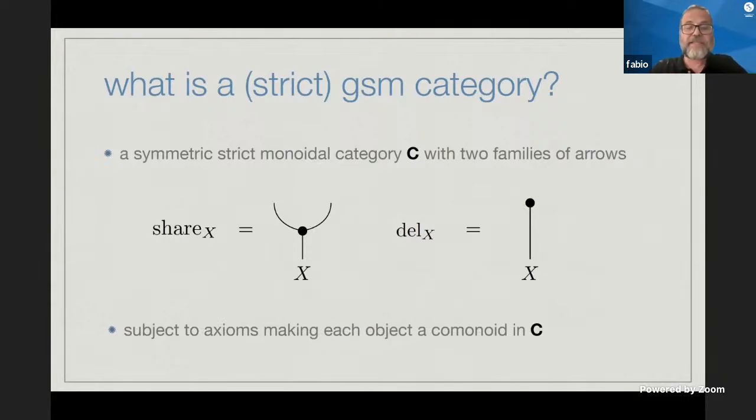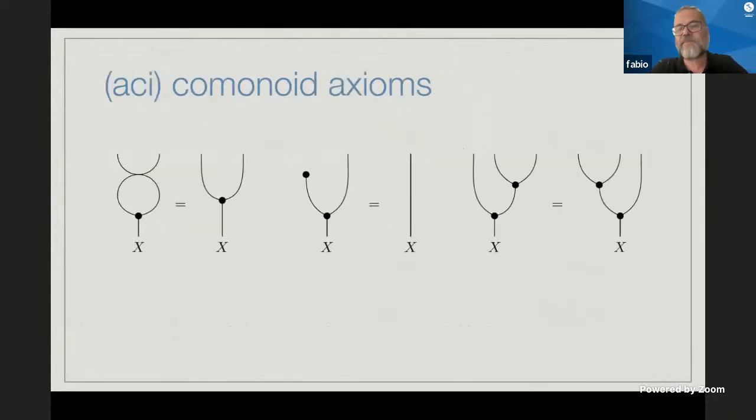They are subject to some axioms which make each object a comonoid in C. More precisely, these are the axioms. The first one tells me that we are commutative. The second one is that the del gives me the identity of the comonoid, and then I have associativity.